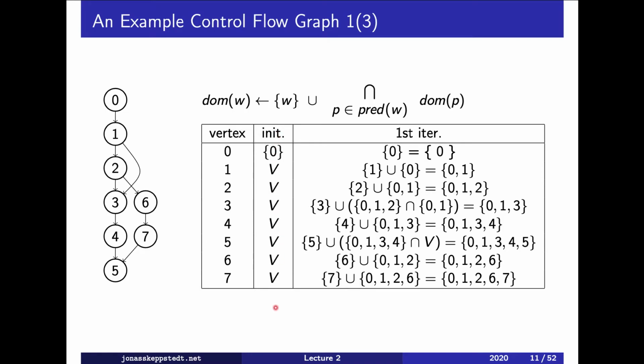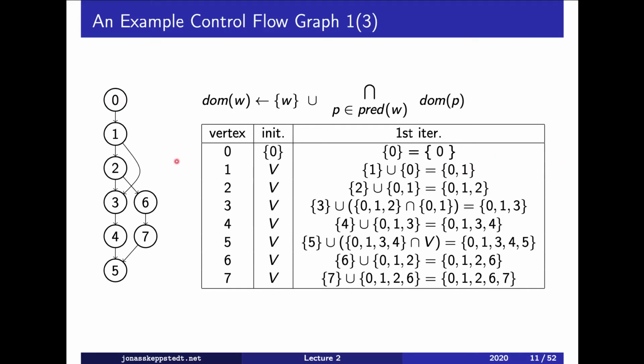That means here, vertex 0 has itself as the set of dominators, and the others have all vertices. Now we iterate this, and vertex 0 is unchanged. For vertex 1, we compute it and we take the intersection of the predecessors, which is only 1, so it will become this.